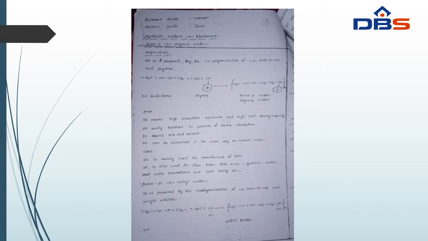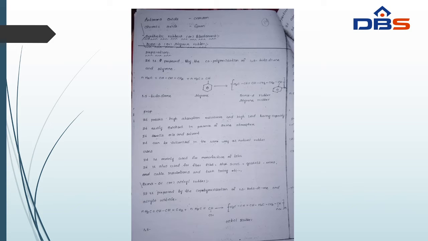Once again, the properties: they possess high abrasion resistance and high load bearing capacity. It is easily oxidized in the presence of an ozone atmosphere. It swells in oils and solvents. It can be vulcanized in the way of natural rubber. Uses: it is mainly used for the manufacture of tires.